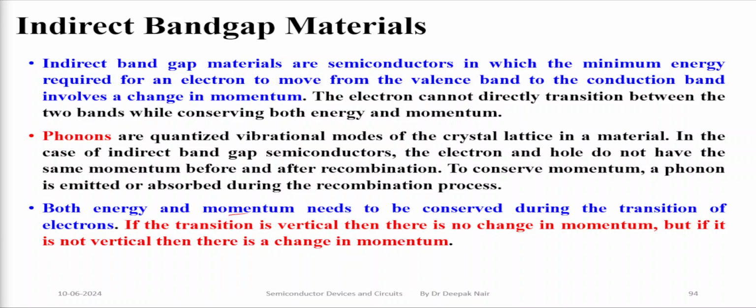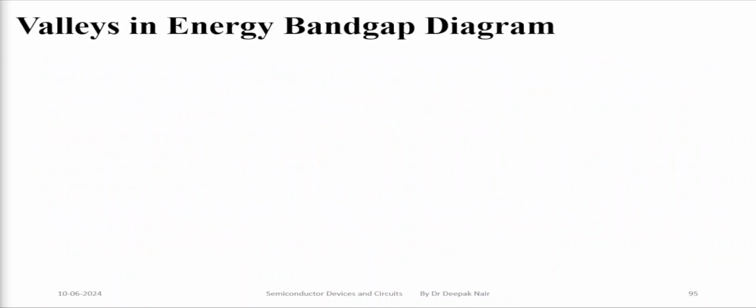Both energy and momentum need to be conserved during the transition of electrons in case of indirect bandgap materials. If the transition is perfectly vertical, then there is no change in momentum, which is the case of direct bandgap semiconductors. But if it is not perfectly vertical, then there will be a change of momentum, which is the case of indirect bandgap materials.